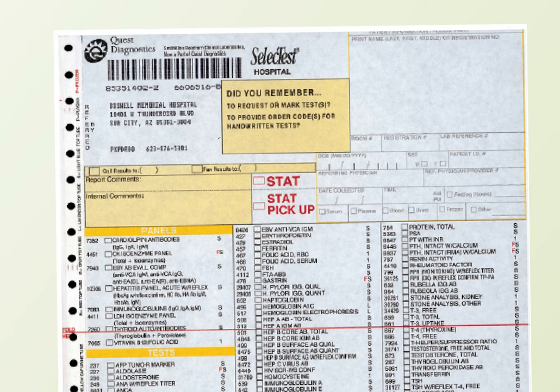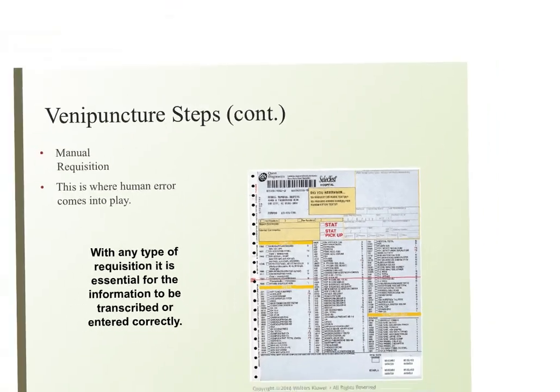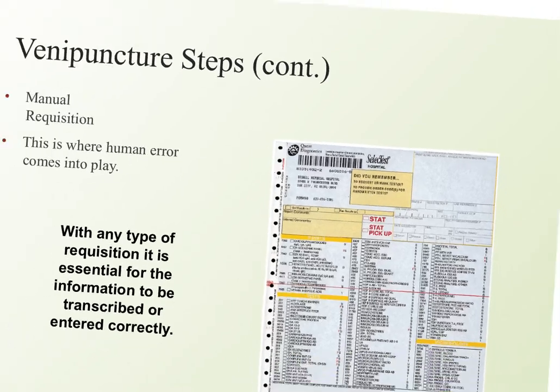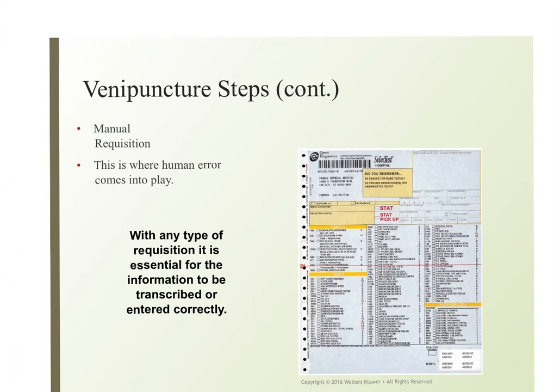And sometimes the thought process is, well, if I got the technical part, isn't that the most important? Well, no, it's all important. There's not one that's more important than the other. Okay? So making sure if the line is supposed to be filled out, if the information is needed, that it's filled out correctly and it is given on the requisition form accurately. It's entered accurately. Okay?